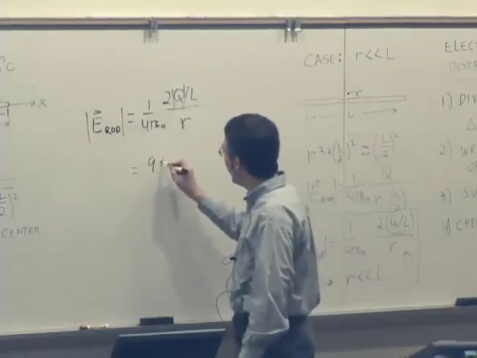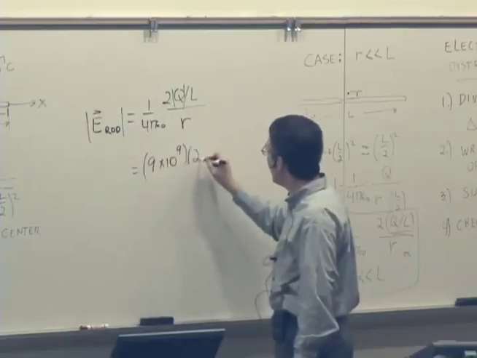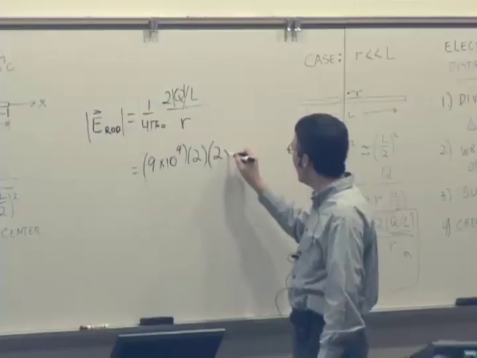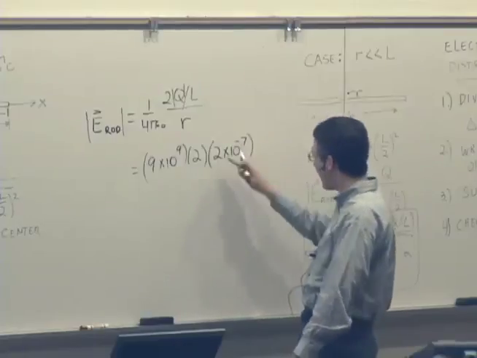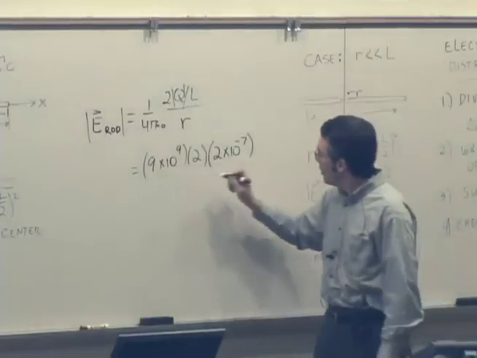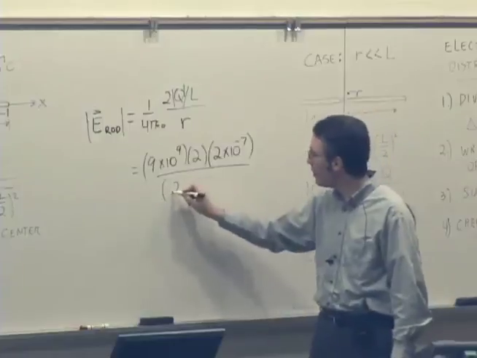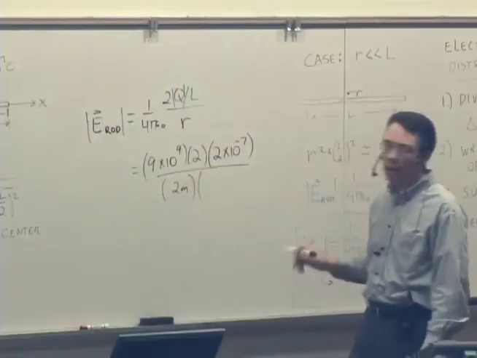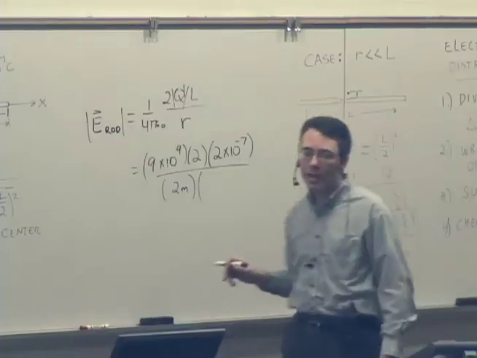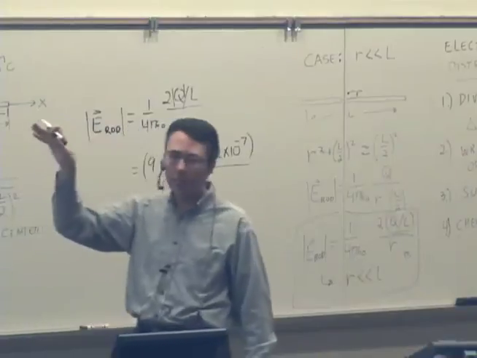So we have 9 times 10 to the ninth times 2 times a charge of 2 times 10 to the minus 7. And yes, I know it's negative, but we're just looking for the magnitude. Divided by L. The length is 2 meters. And what's r? Is it 0.03 or 0.05? 0.05.